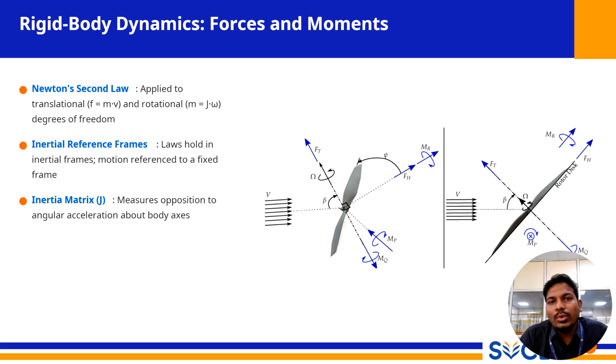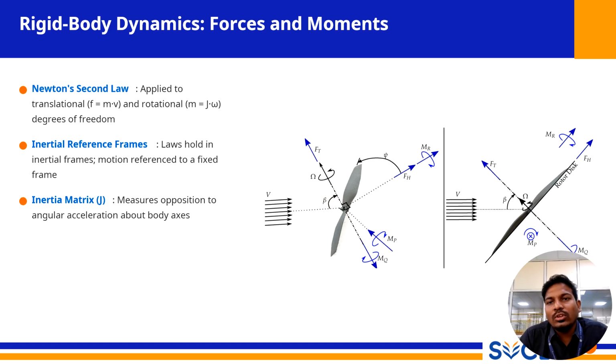This is where we apply the fundamental laws of physics to create a model that can predict the MAV's behavior. The cornerstone of dynamics is Newton's second law. As the slide states, this law is applied to translation as F equals mass times acceleration, and to rotation as M equals J times omega dot.